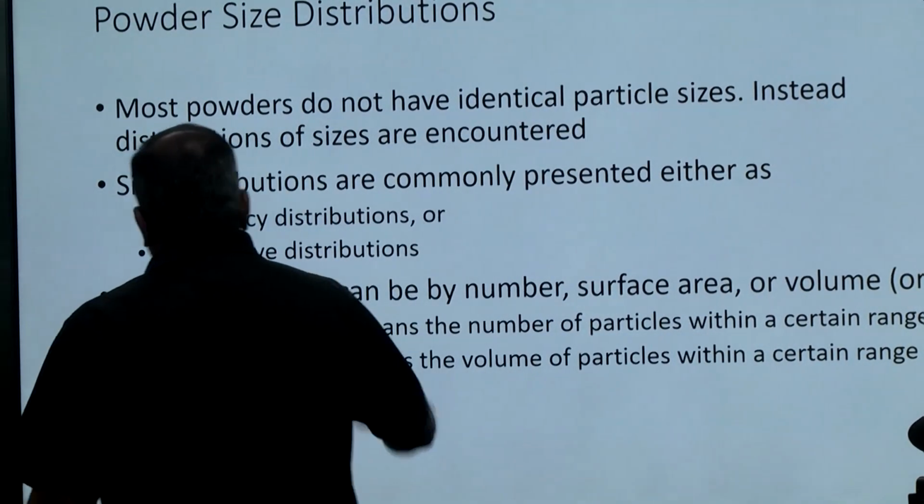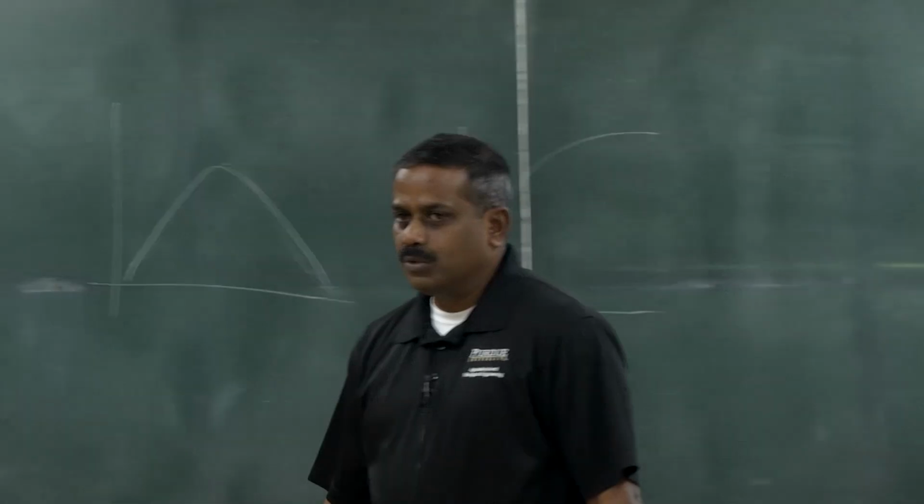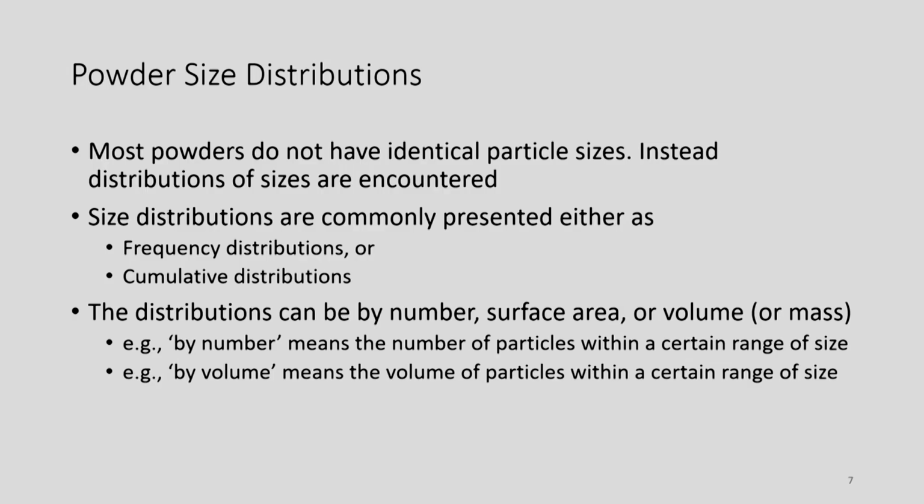Okay. So again, as we talked about, almost all powders do not have identical sizes. Except if you are manufacturing, you might have a tighter particle size distribution, but commonly we present as either frequency or cumulative distributions, right?